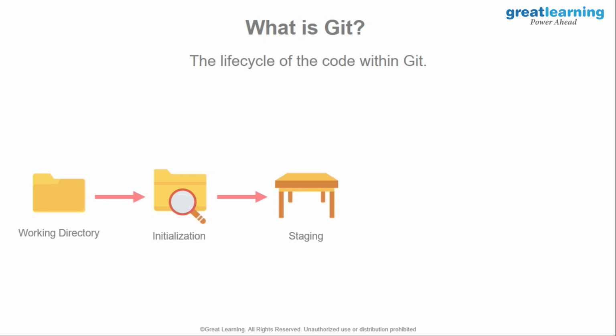Staging is basically telling Git what changes were made to a specific file. You can stage a specific file, and then Git will automatically identify what changes were made to this file compared to the previous version. This is when Git starts checking for all the changes that have been made.